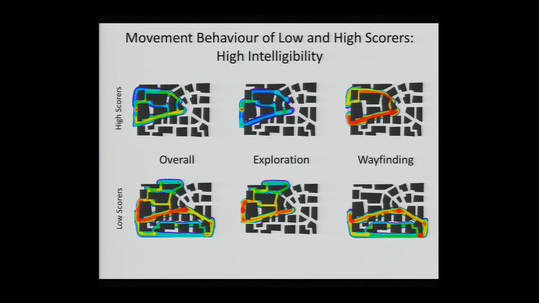When they're exploring into the environment, they still use the most connected routes, but it's not nearly as predictable. And even more interestingly, when they're trying to find their way out from the environment, this is where they deviate significantly from the predictions that architects might make. And this is quite clear when you collapse the two movements across, that if you were just relying on aggregate movement, you would not predict this.